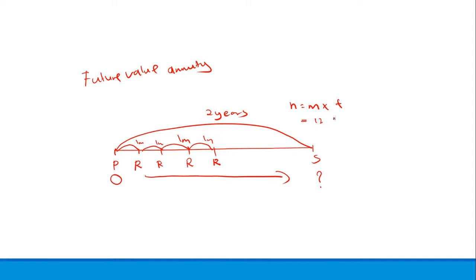For 1 year, multiplied by 2, it becomes 24 times. You pay 24 times, investing the money for 2 years.